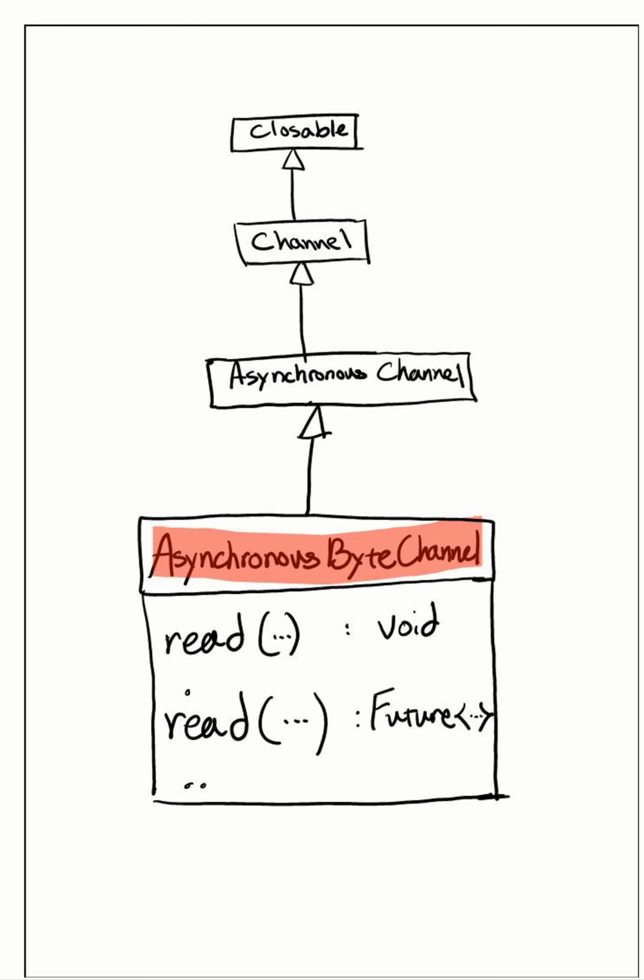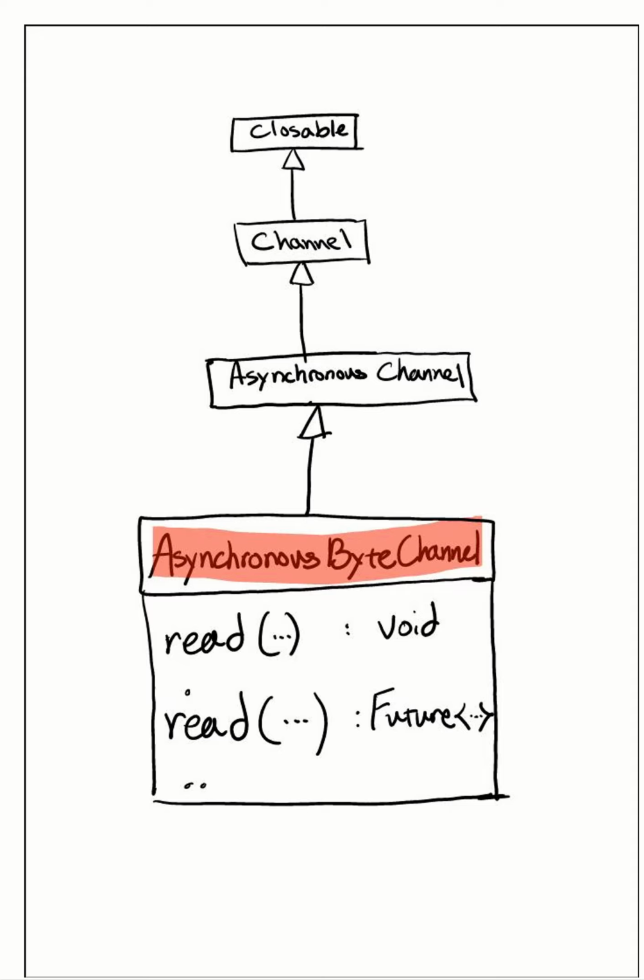So let's start by looking at the AsynchronousByteChannel interface, which we mainly interact with when working with asynchronous I/O. As my pretty sophisticated class diagram shows, this interface extends the AsynchronousChannel interface, which itself extends from the Channel and Closeable interfaces.